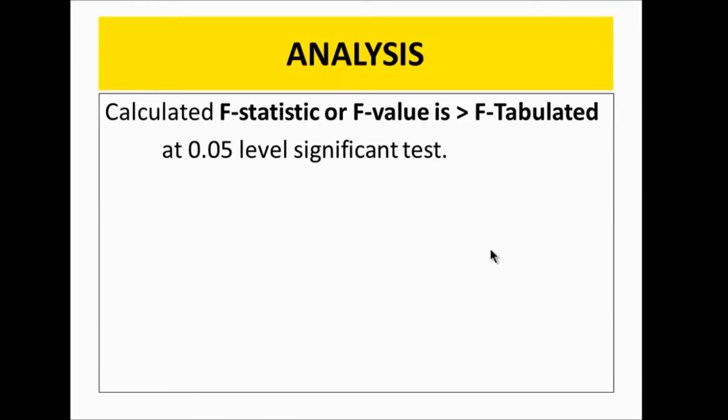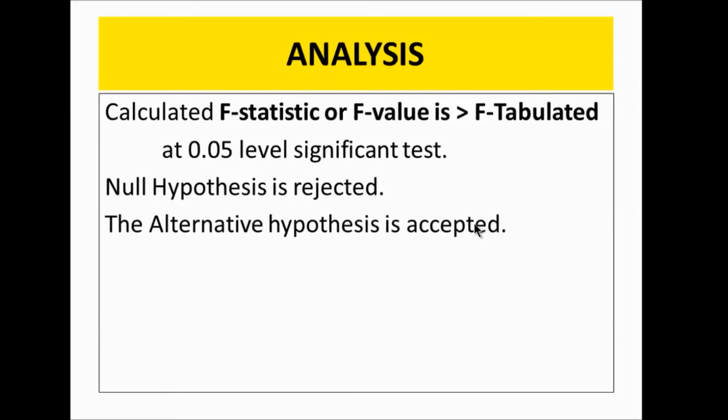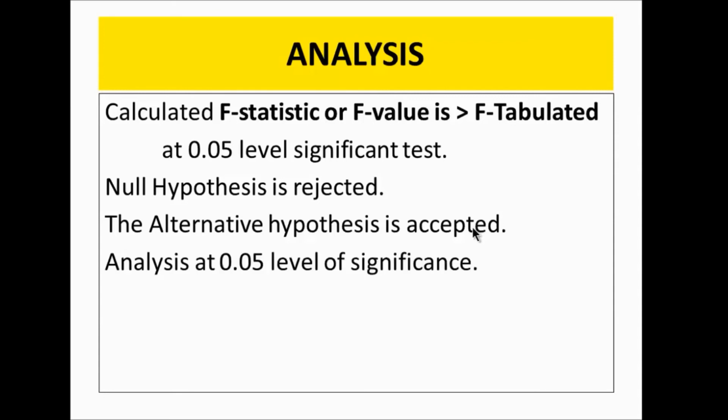So the calculated F statistic, or F value, is greater than the tabulated value at the 0.05 level of significance. Therefore, we reject the null hypothesis and we accept the alternative hypothesis in this example, when we analyze at 0.05 level of significance.